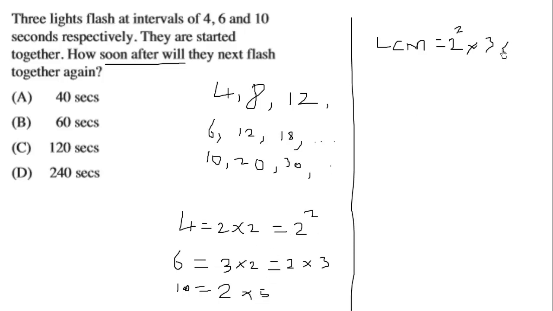So the LCM will be equal to 2 exponent 2, which is 4, times 3 times 5. So this will be 12 times 5, which is 60. So that will be 60 seconds.